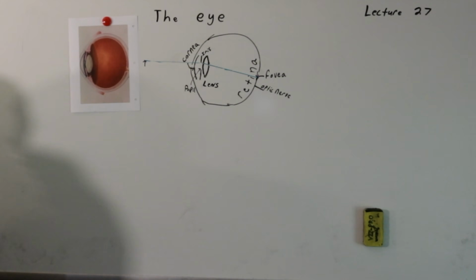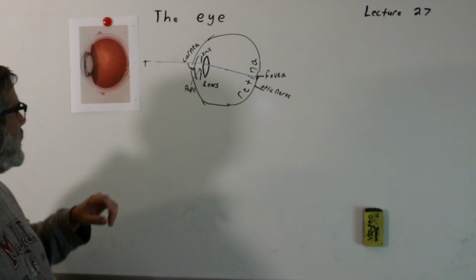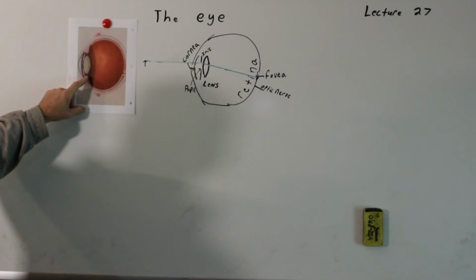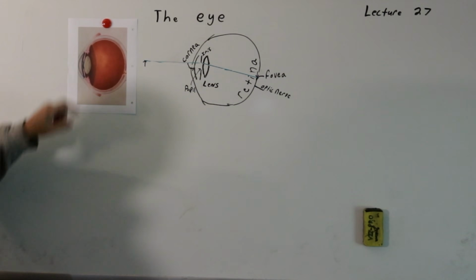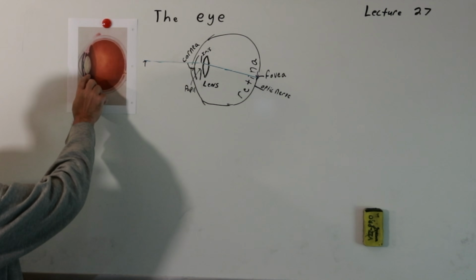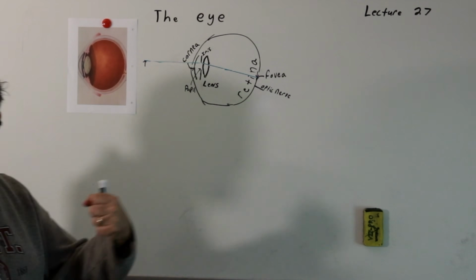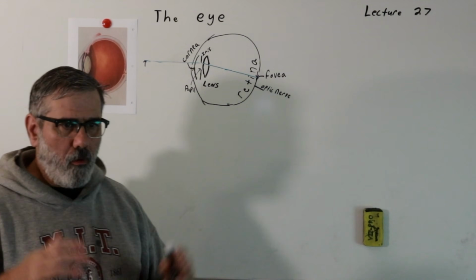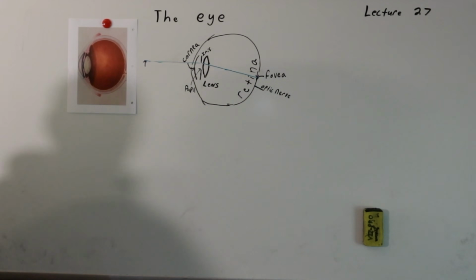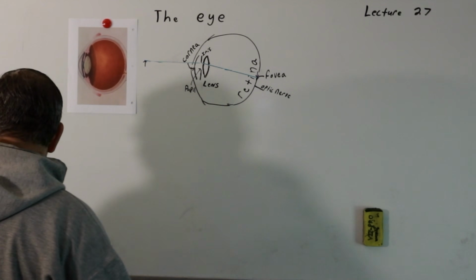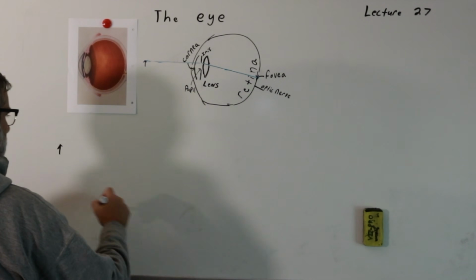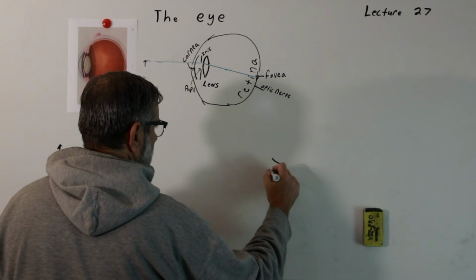Focusing is accomplished by the action of the ciliary muscles. You can see them in this diagram here. They look like a fibrous bundle attached to the edges of this lens. If they tense up, they will pull and flatten that lens out. The relaxed state of the eye is when you're focusing on an object in the distance. So if I have an object, here is my eye.